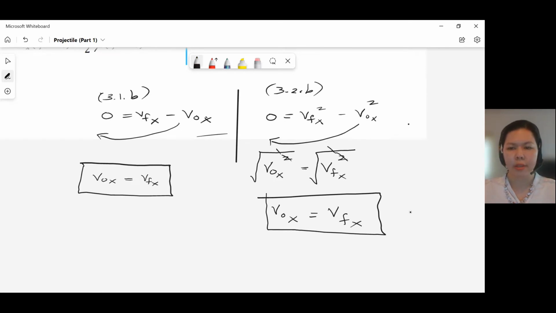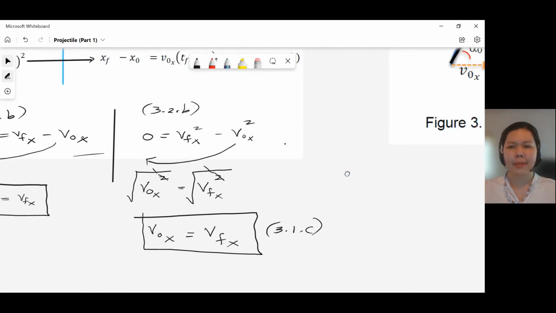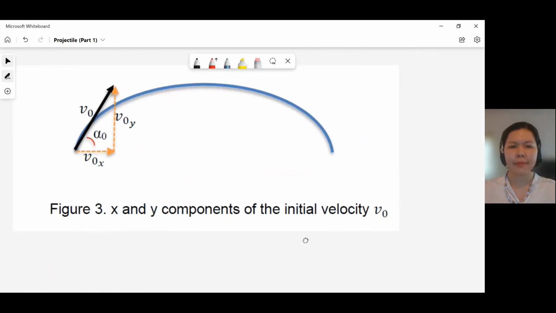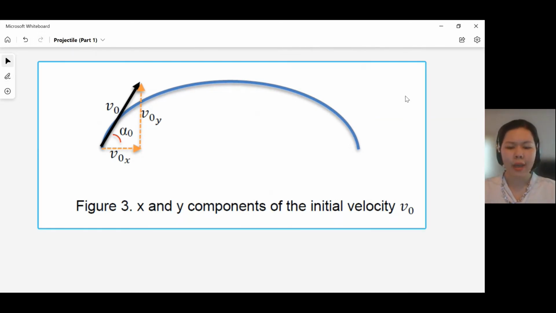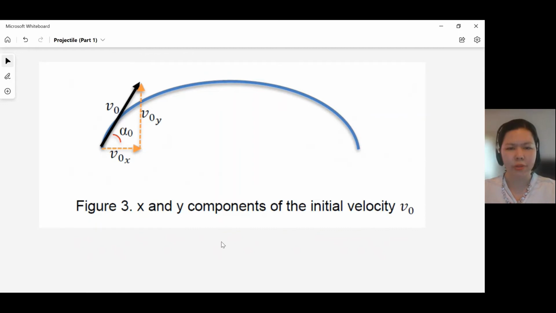We now call this equation 3.1.c. Now consider the angle alpha sub o from the horizontal to the initial velocity v naught. Then the x component of the initial velocity can also be expressed using trigonometric function cosine as follows.